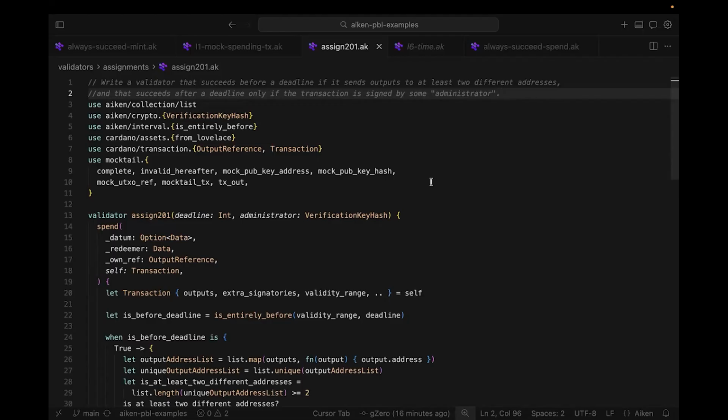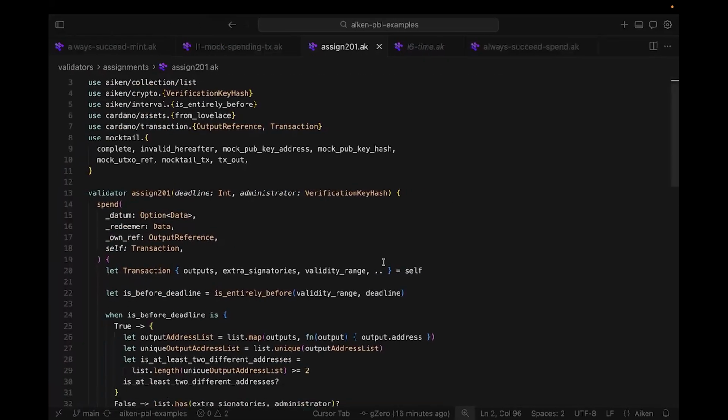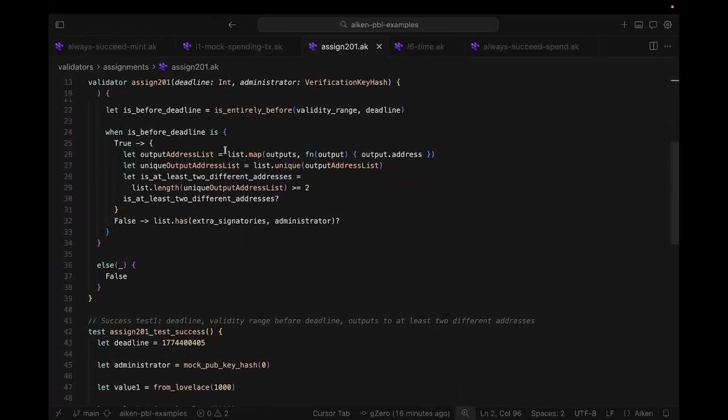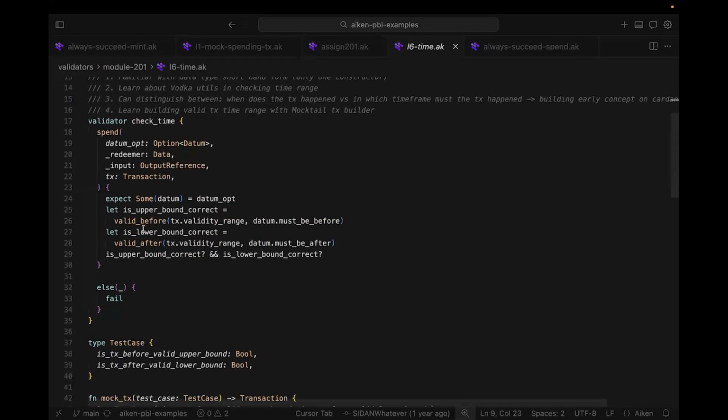Using this logic that we looked at earlier: upper bound, lower bound, must be after, must be before. Valid before, valid after. So which one are we going to use for this deadline?